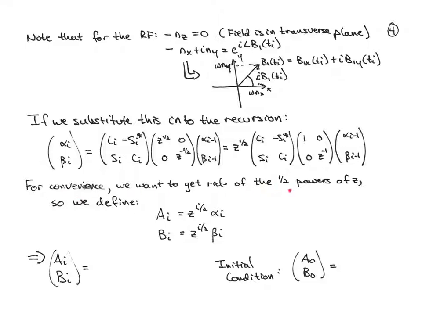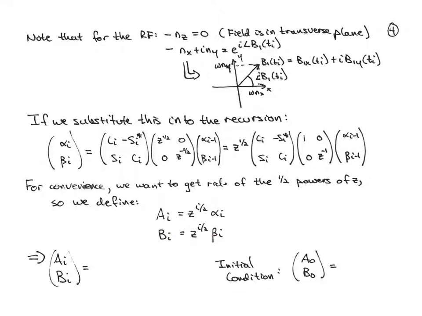For convenience, we want to get rid of the half powers of z overall, so we're going to define capital A sub i as z to the i over 2 times alpha sub i. Note that i here is not square root of minus 1, it's the time index. And B sub i is equal to z to the i over 2 times beta sub i.